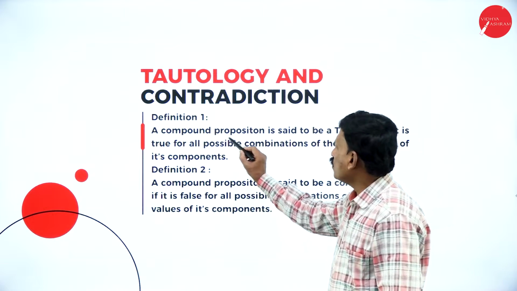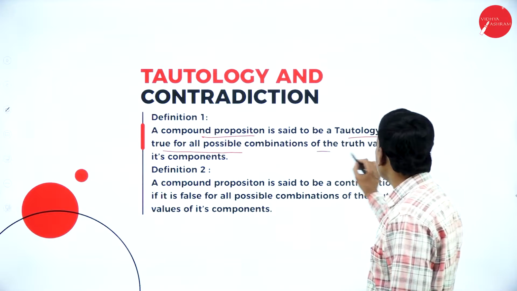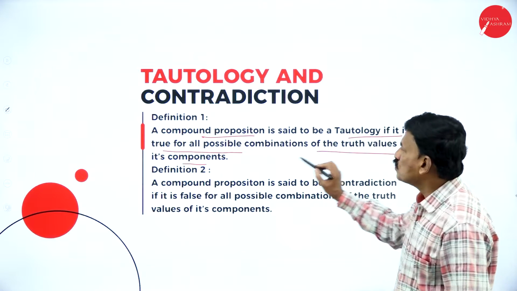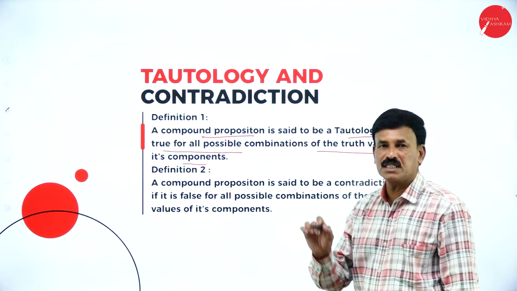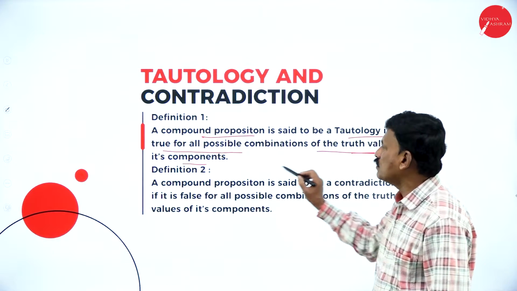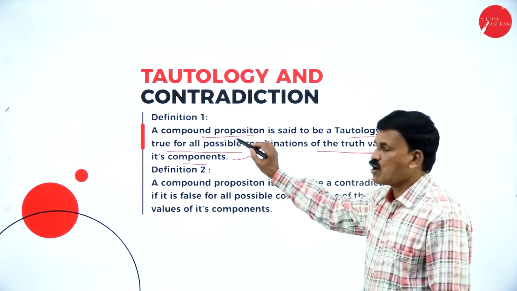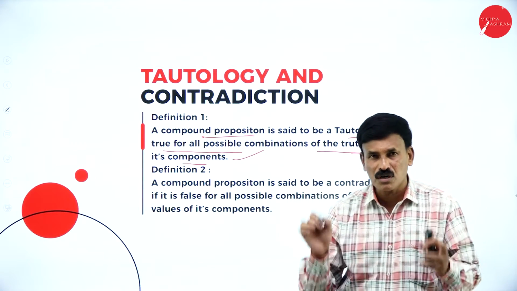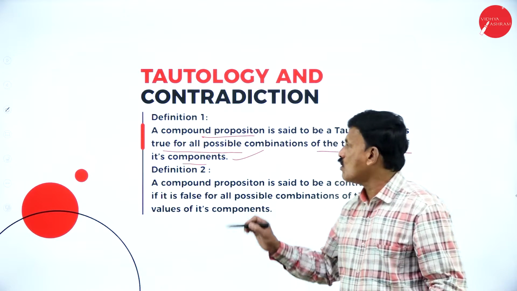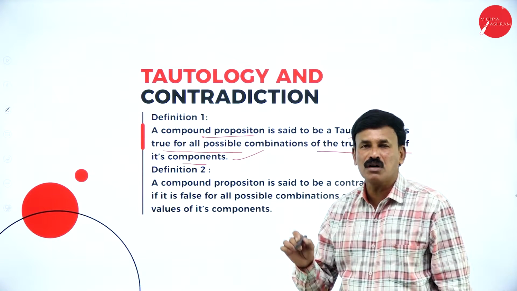Tautology means a compound proposition is said to be a tautology if it is true for all possible combinations of the truth values of its components. So, if the given statement is true for all the combinations of the truth values of its components, then it is called a tautology.